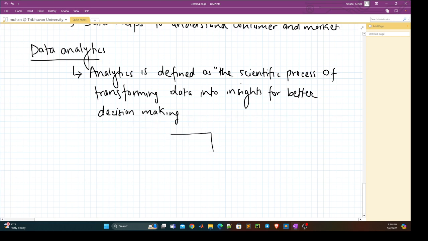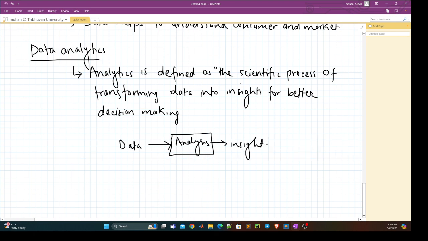Let's try to understand that. This is a black box where analysis is being done, and if we feed the data to this one, the outcome is the insight, right?